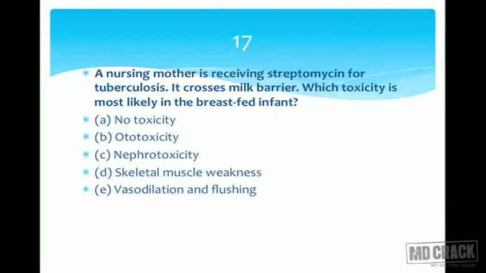All three are correct because streptomycin does produce them. Next one is vasodilation and flushing. No, it doesn't produce vasodilation and flushing, so this toxicity is not expected. Now you tell me, if 3 answers out of this are right, what's going to be the answer? Are you getting it?